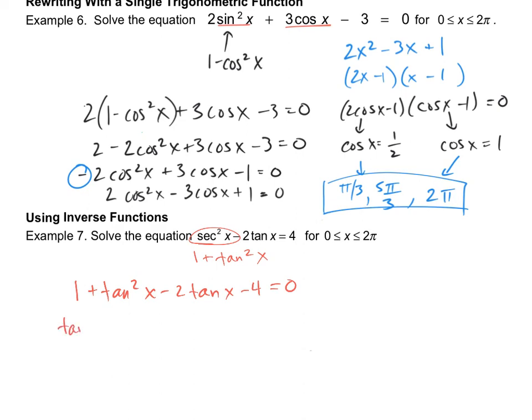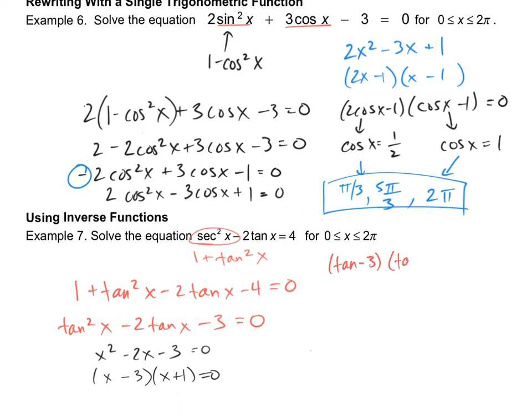I have tangent squared x minus 2 tangent of x. 1 minus 4 is negative 3. And then that's all equal to 0. We could think of this as an x squared minus 2x minus 3 equal to 0, which when I factor that becomes x minus 3, x plus 1 equals 0. Replacing those with tangent gives me tangent minus 3, tangent plus 1 equal to 0.